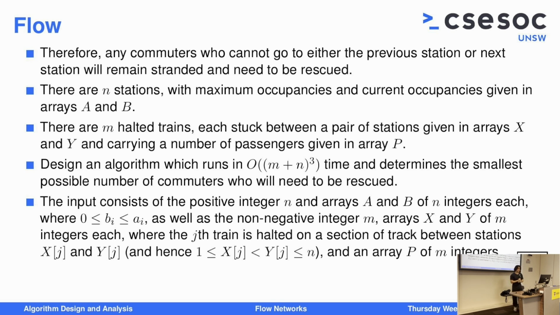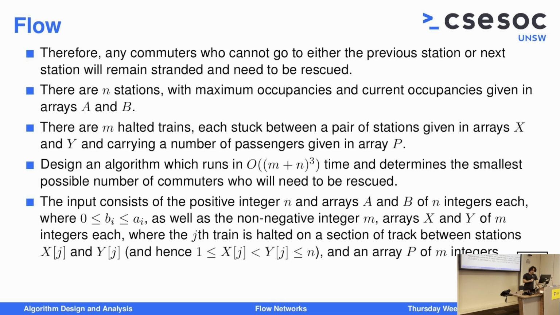There are n stations with maximum occupancies and also current occupancies given in arrays A and B. There are M halted trains, each stuck between a pair of stations, given in arrays X and Y, and carrying a number of passengers given in array P. Design an algorithm which runs in O((m+n)^3) time and determines the smallest possible number of commuters who will need to be rescued.